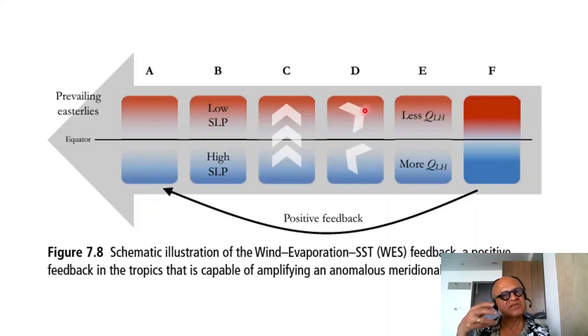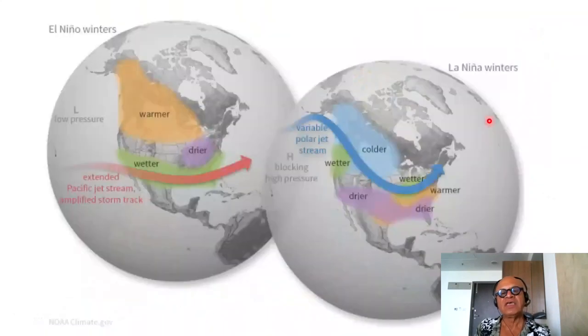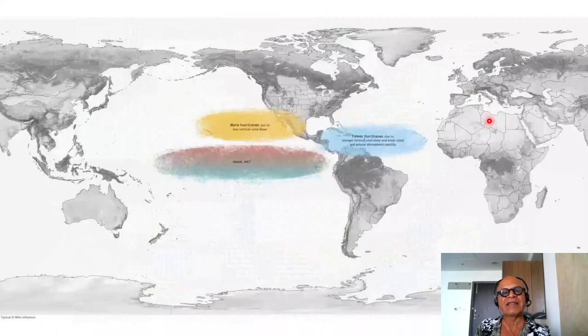Remember, latent heat loss is related to wind speed, so that enhances the warming. So you get less latent heat flux, more latent heat flux, reinforced warm cold SST pattern, and the SST gradient.